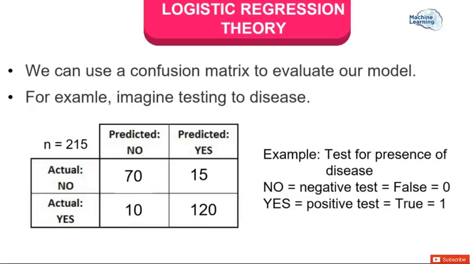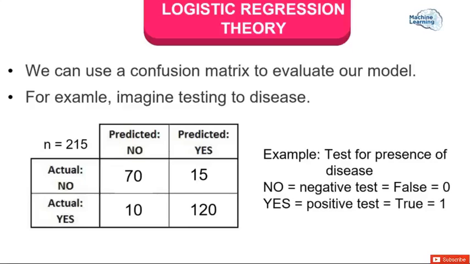So the classifier made a total of 215 estimates. That is, 215 patients were tested for the presence of the disease. Out of those 215 cases, the classifier predicted a yes 135 times and no 80 times.